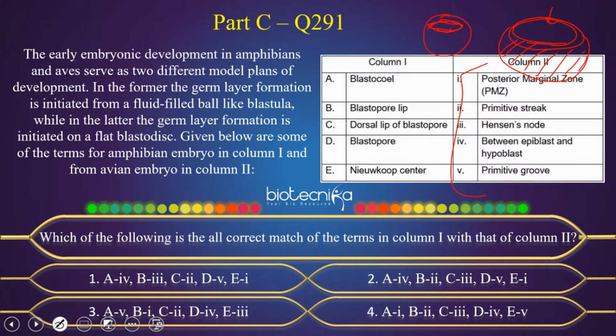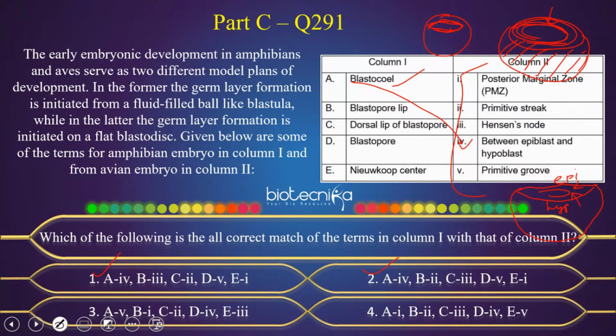So no development over there, means cell division will take place only in the anterior most tip. Okay, a group of cells. So there one upper layer will be there which is called epiblast. Okay, and then this is the egg from the side, then the bottom layer will be called hypoblast. In between epiblast and hypoblast, that space will be blastocele. So A will be 4. Okay, so A4 we have either 1 or 2 is correct.